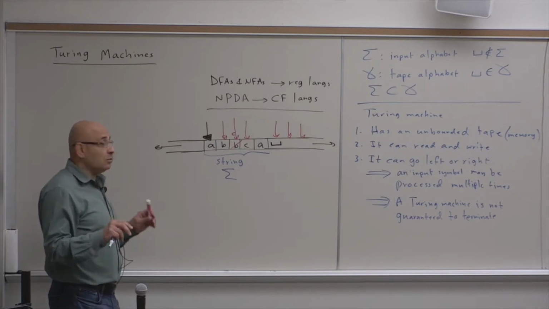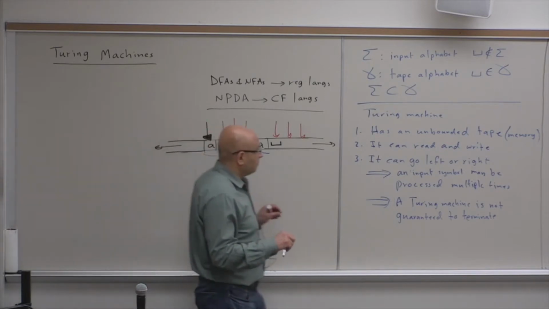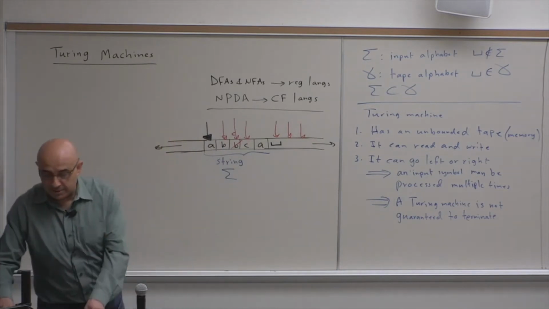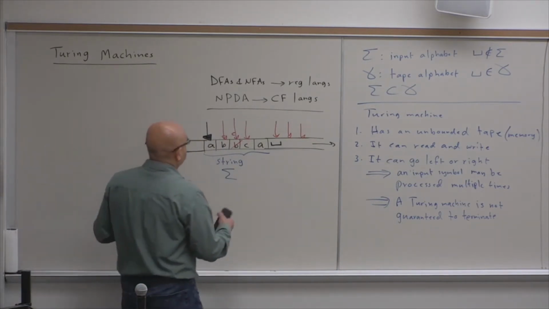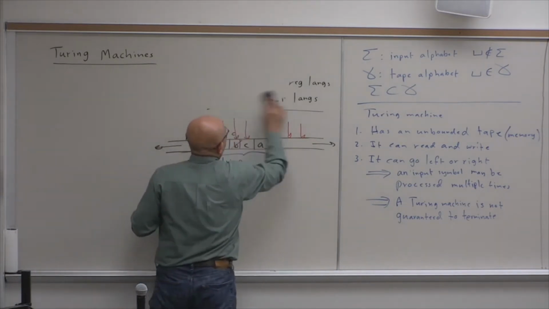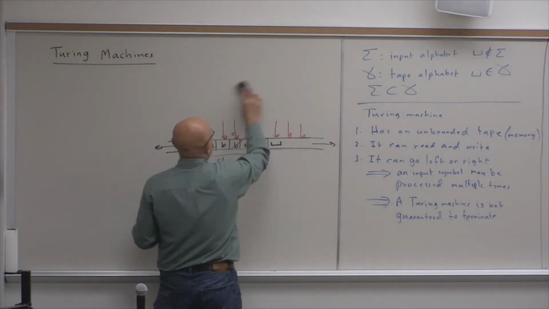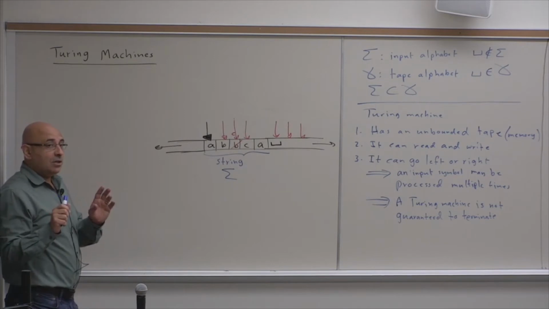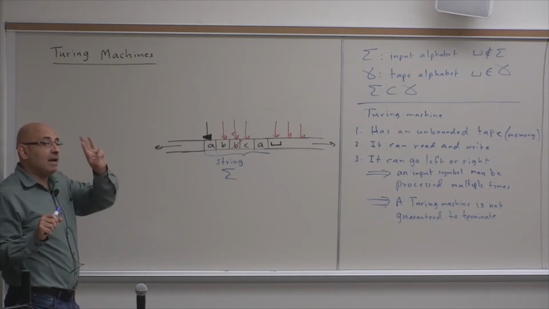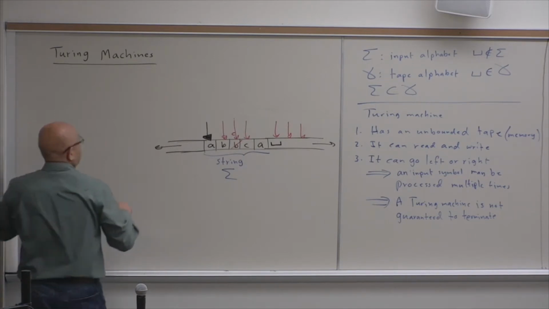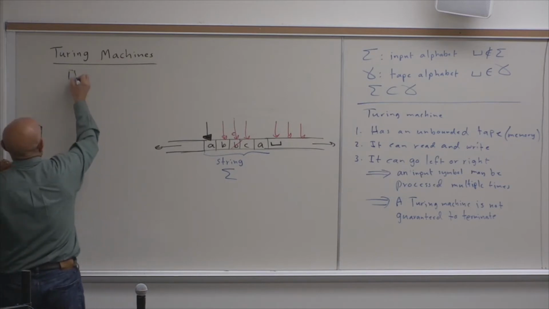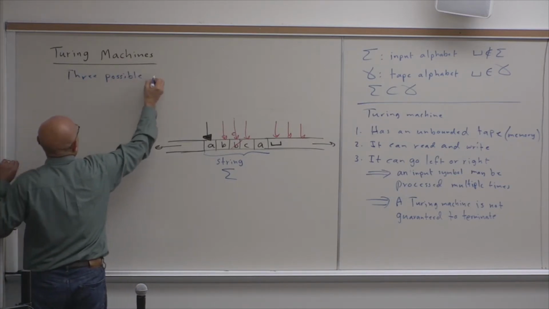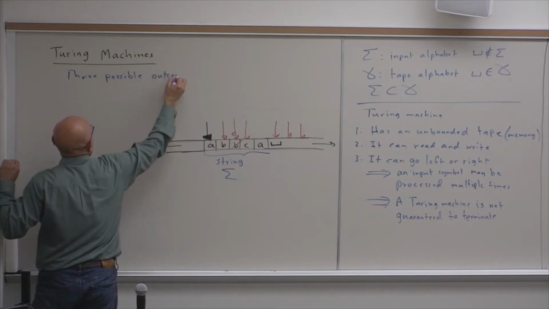Now this introduces the concept of decidability versus recognizability. So given an input string, in a Turing machine you can now have 3 possible outcomes.